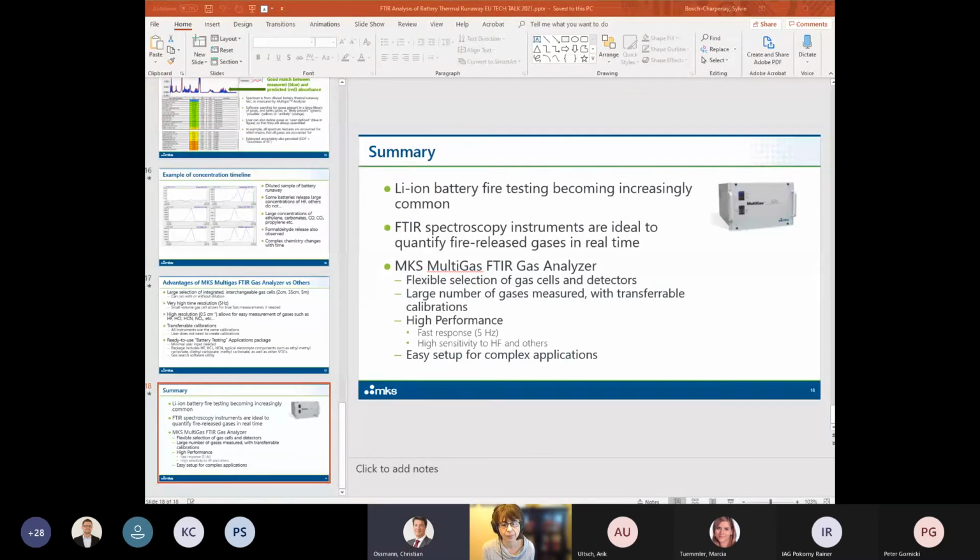Let me first ask you something, since I'm not aware if it's possible. The replacement of a gas cell, is it possible to do it in the field, or does the unit have to be shipped back to the factory for recalibration or something like that? It can be done in the field.